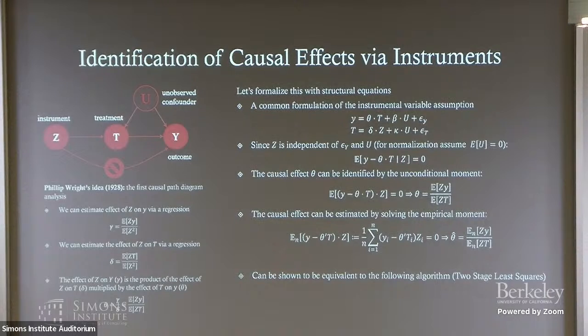And another way to also justify this estimate is what I showed in the previous slide, which is to first project the treatment on the instrument, so run a regression of the treatment on the instrument, and then run a regression of the outcome on this projected treatment, on the conditional value of the treatment conditional on the instrument. So this is another way of coming up with this formula.